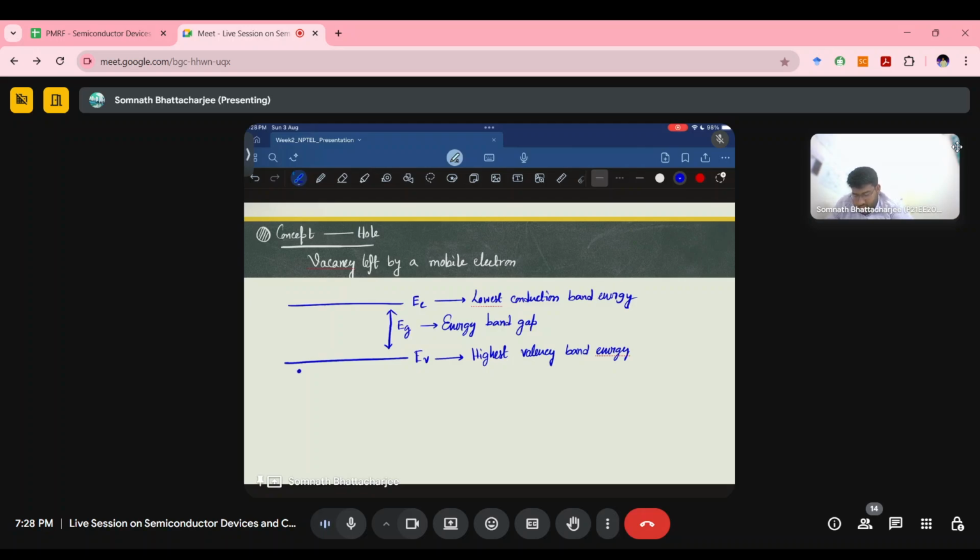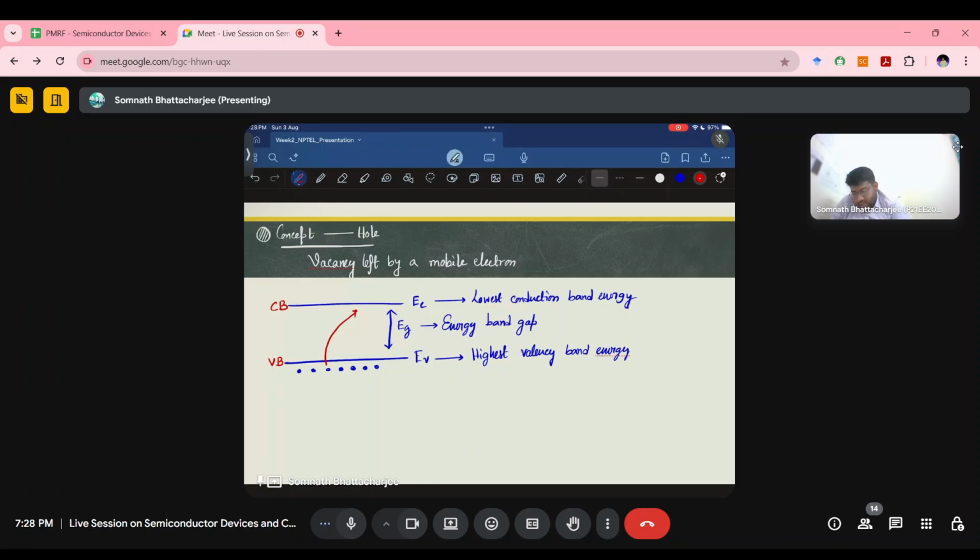So here there are electrons, here are several electrons, whereas here there are no electrons. If we give a bit of temperature, or a bit of voltage, to these electrons, these electrons will jump to the conduction band. This is the conduction band, this is the valence band.